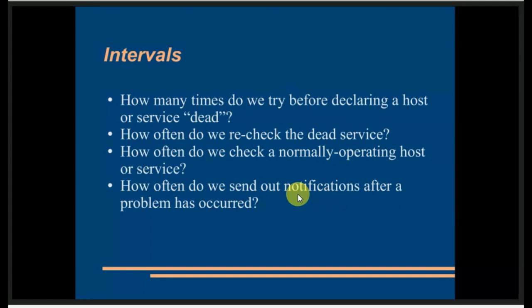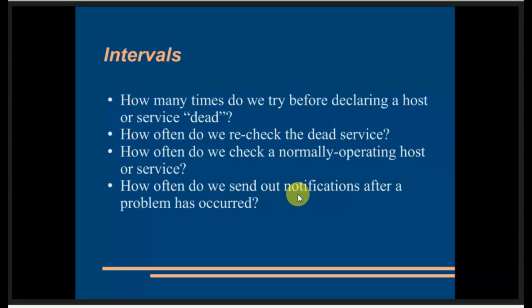Say it checks whether a host is up or down. Maybe there is a network fluctuation, and it finds that the host is not responding, so it simply cannot declare it dead. It needs to check a few more times to be sure that a particular service is dead. So you can define these intervals.